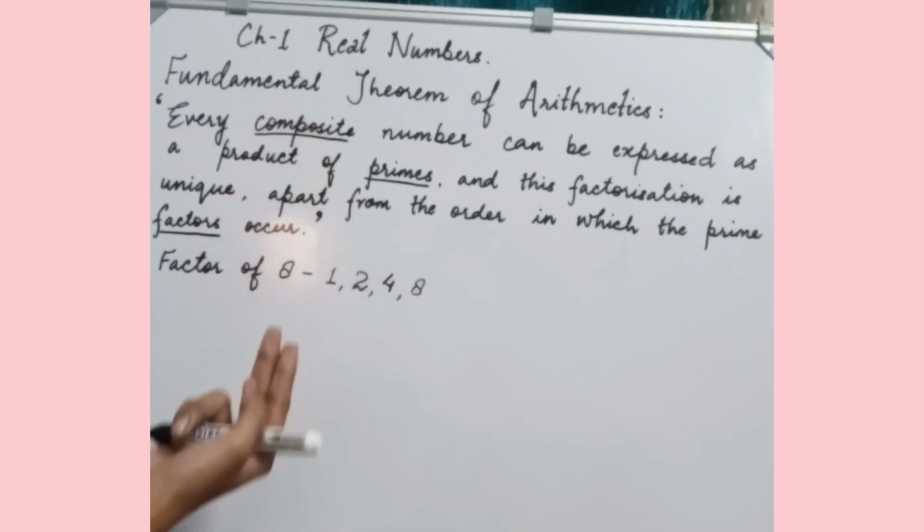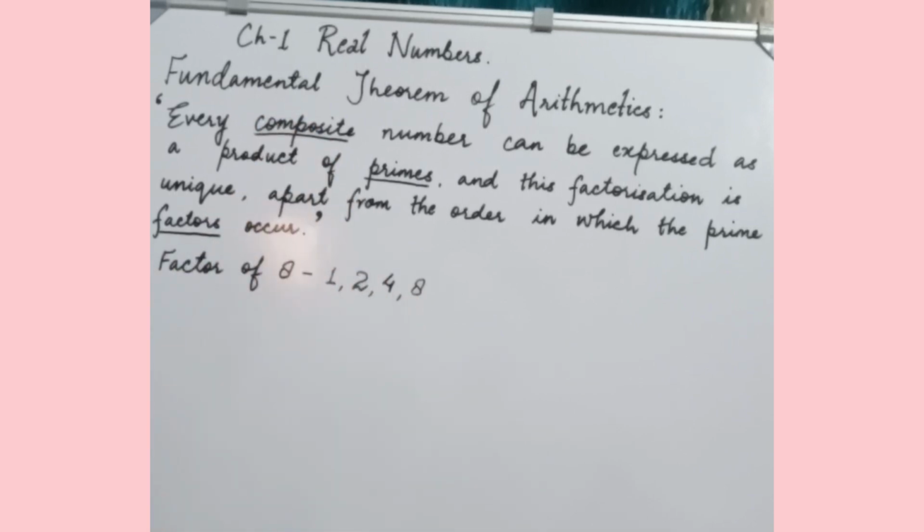So a composite number is a number that comes in its own table and in the table of 1, and apart from these 2 factors, it also has more than them. More than 2 factors. Next, what is a prime number? A prime number is a number that has only 2 factors.